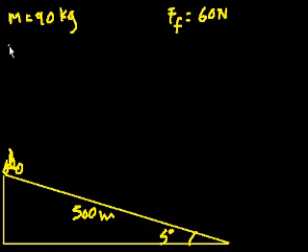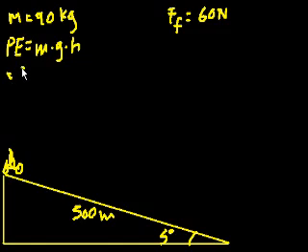Well, potential energy is equal to mass times the acceleration of gravity times height, right? Well, that's equal to, the mass is 90. Acceleration of gravity is 9.8 meters per second squared. And then what's the height? Well, here we're going to have to break out a little trigonometry. We need to figure out this side of this triangle, if we consider this whole thing a triangle. Let's see. We want to figure out the opposite. We know the hypotenuse, and we know this angle here.